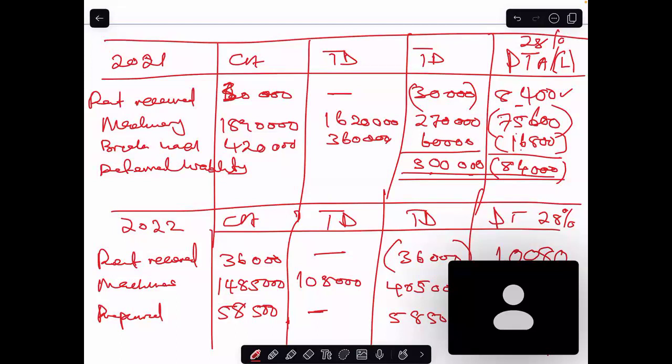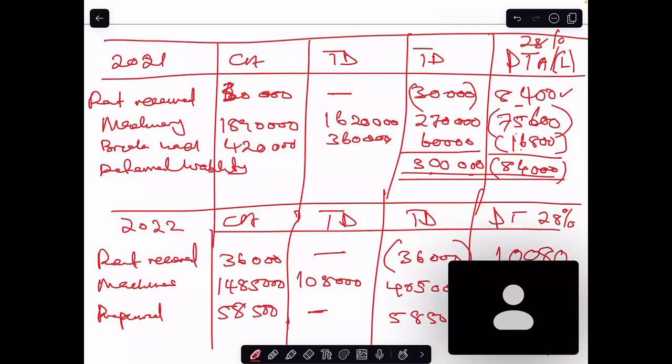Add your deferred tax asset or liability column and tell me how much you are getting. 8,400 minus 75,600 minus 16,800. That's right, 84,000. Okay.